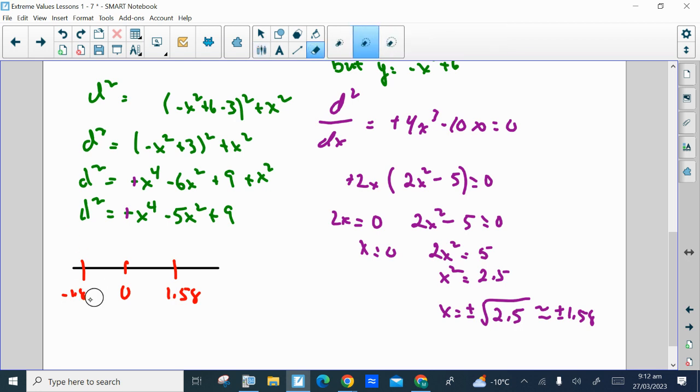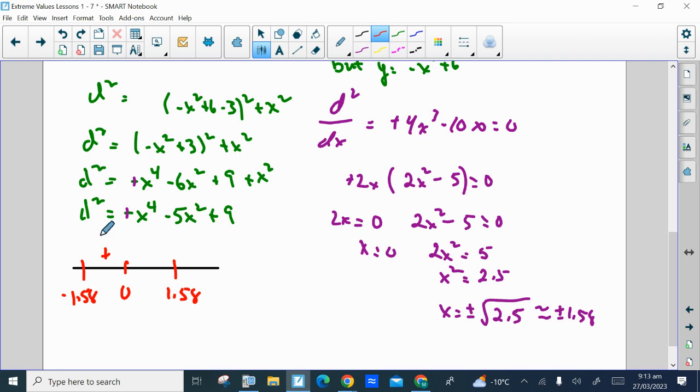Okay, so whatever number we choose to the left of 0, we just have to make sure that it is not less than negative 1.58. But negative 1 will work. So if we let x equal negative 1 in the derivative, 4 times negative 1 all cubed will be negative 4. But then you're going to subtract 10 times negative 1. It's going to be negative 4 plus 10, which is a positive.